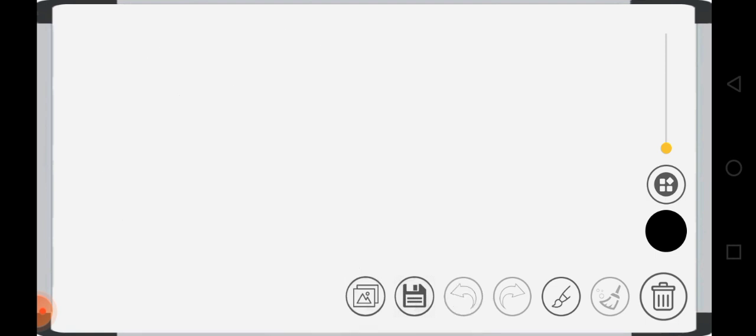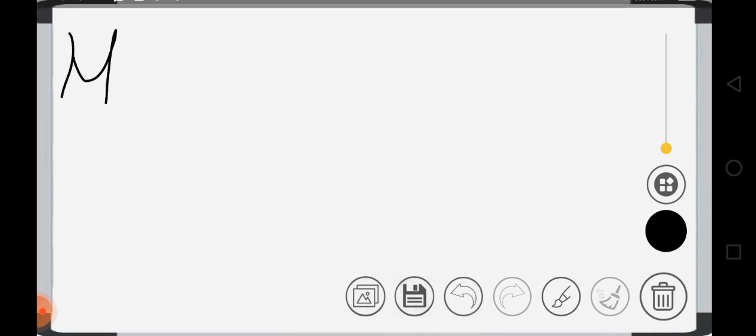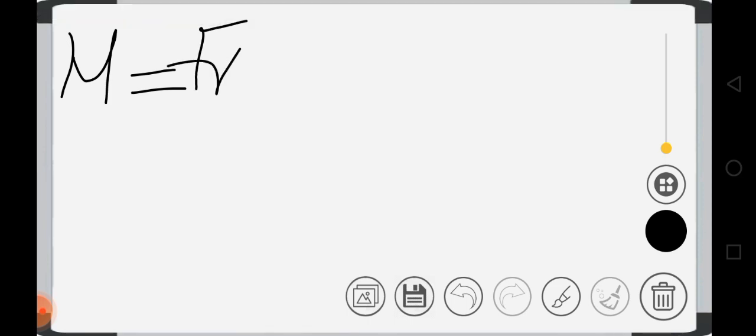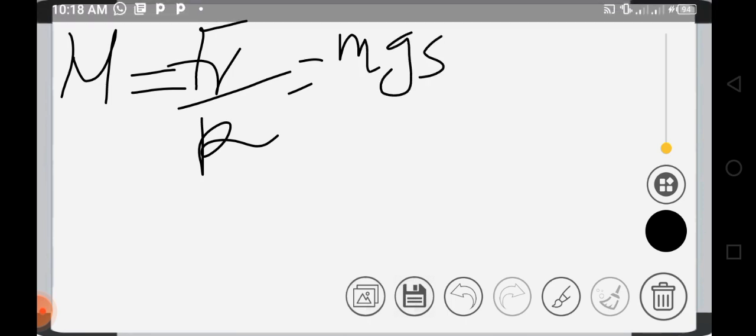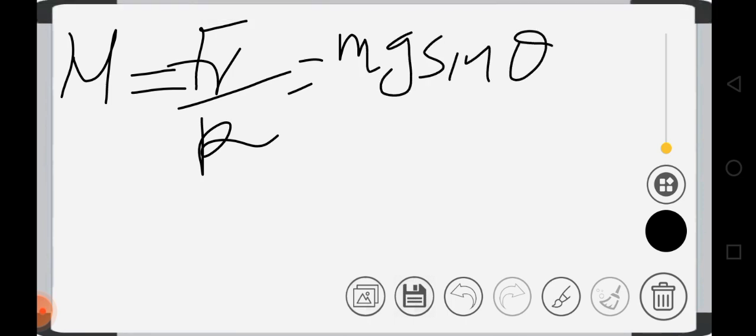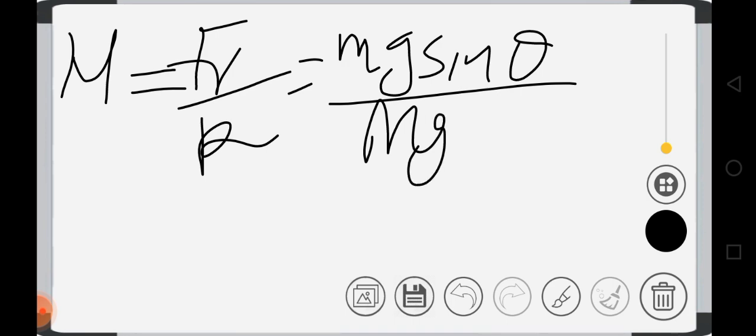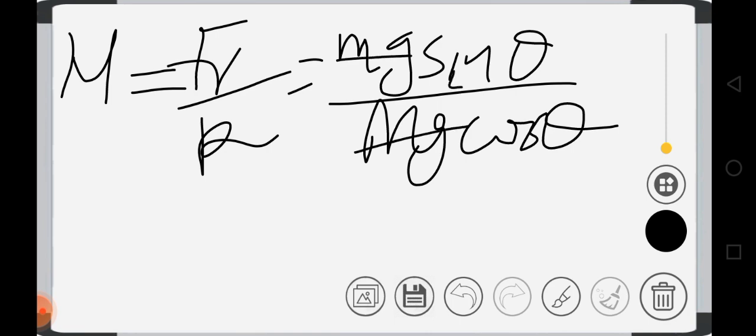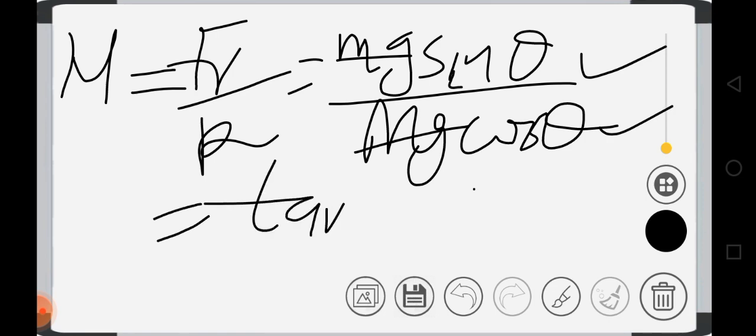Take note of those two things. Now the coefficient of friction which we are looking for will be equal to F, the frictional force, over R, which is mg sine theta divided by mg cos theta. mg cancels mg, and sine over cos will be equal to tan theta.